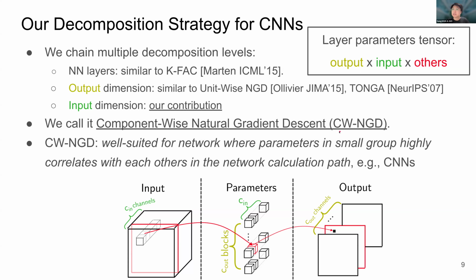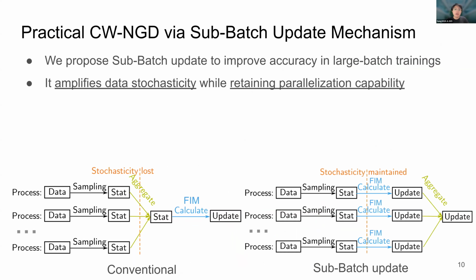And we also find that CWNGD is well suited for networks where the parameters in small groups are highly correlated with each other in the network calculation, such as in convolutional neural networks, where the kernel is quite small, and it fits very well with the calculation models and the computational power of current machines.